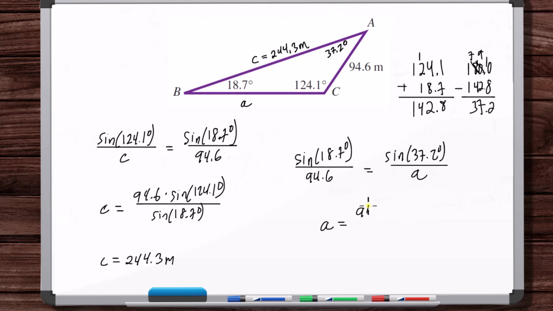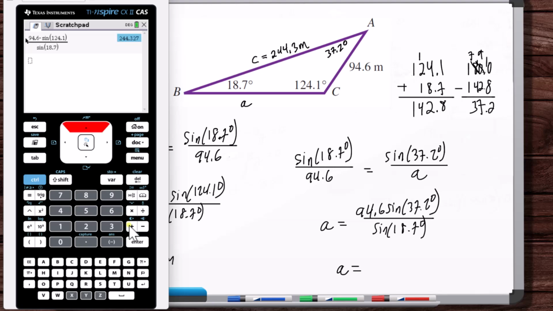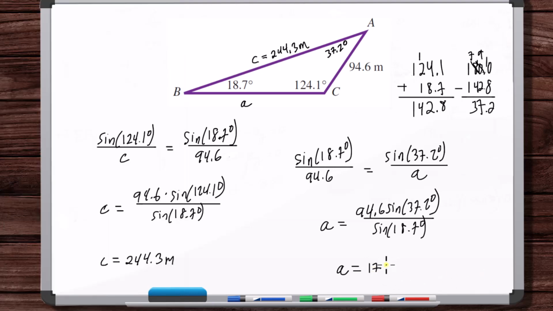We can see that A is equal to 94.6 times sine of 37.2 divided by sine of 18.7, 178.4 meters.